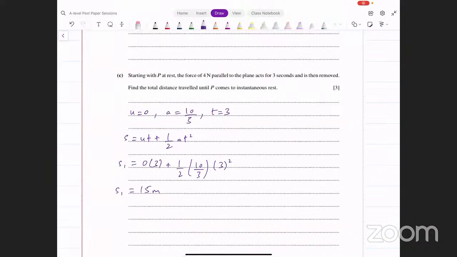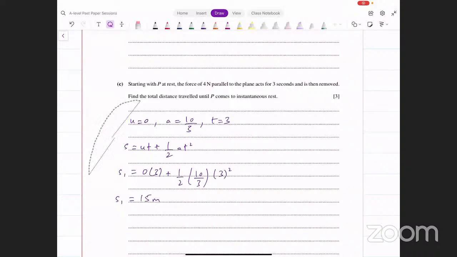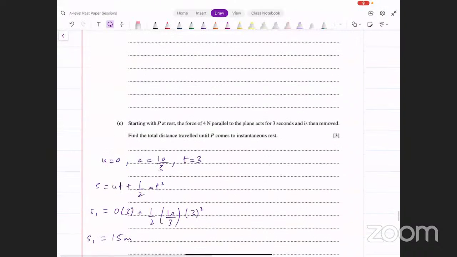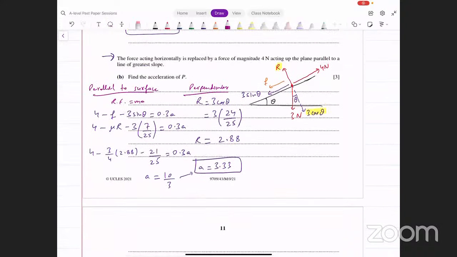Find the total distance traveled. अब क्या करना है आपको? आपको करना है कि उसके बाद क्या होता है. अब वो फोर्स रिमूव होगी, 3 सेकेंड्स के बाद वो फोर्स रिमूव होगी. अब जब फोर्स रिमूव होगी, look at this figure again. This force is no longer applicable.